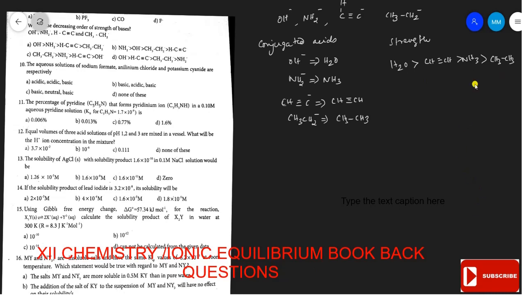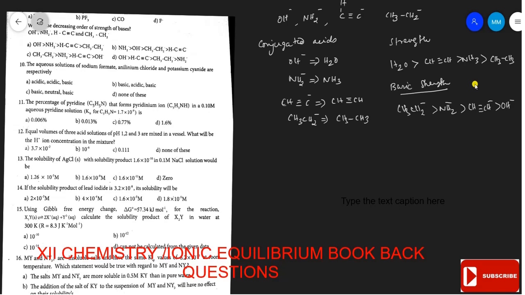The basic strength is the reverse of this. The strongest base is CH3CH2 minus, then NH2 minus, then the CH triple bond C minus, and finally OH minus. The bases are in the reverse order of the conjugate acids.